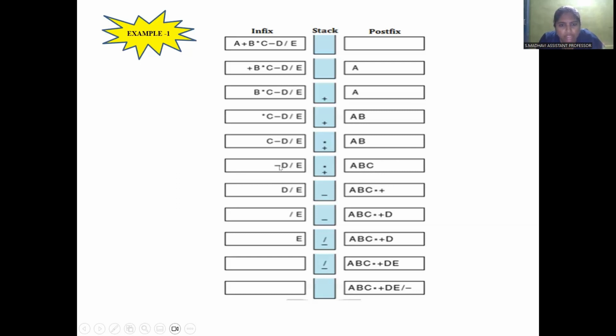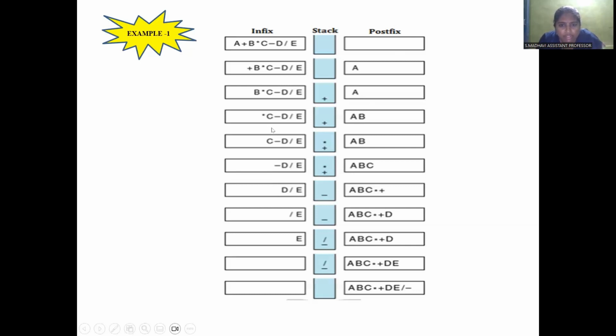Next comes the minus. Since it is an operator, we have to place it onto the stack. But minus is a lower priority and star is a higher priority, and the rule says a lower priority should not be placed over a higher priority.